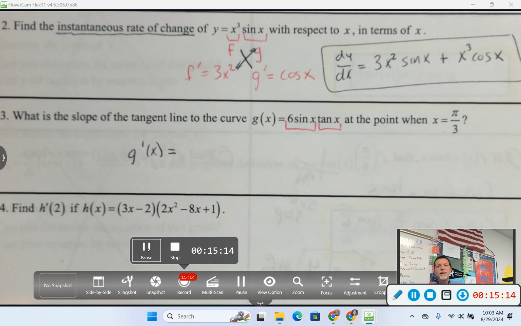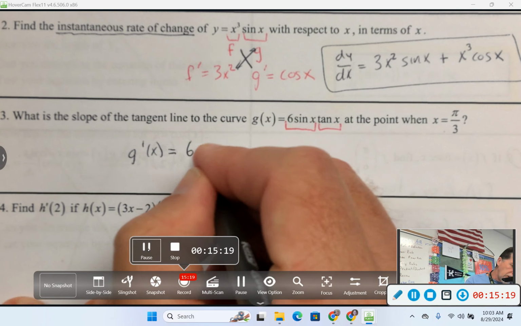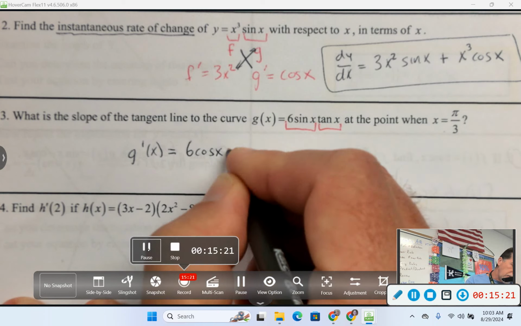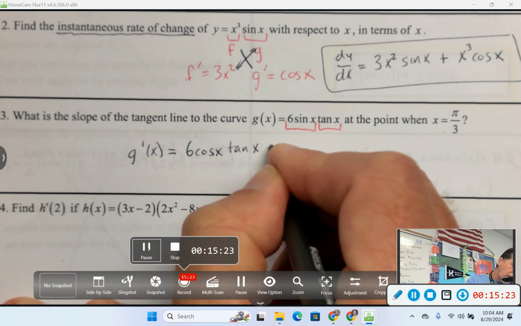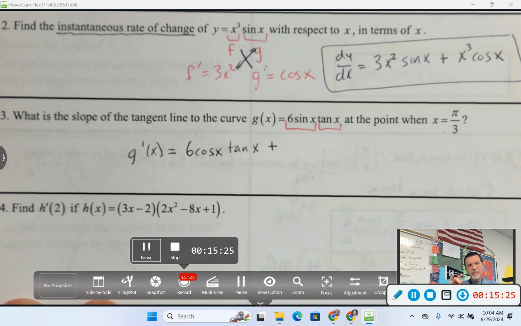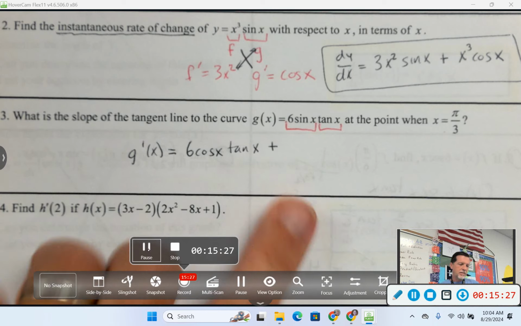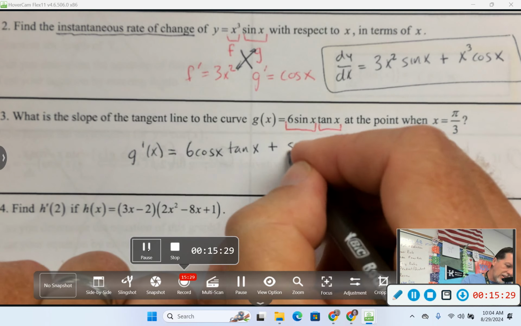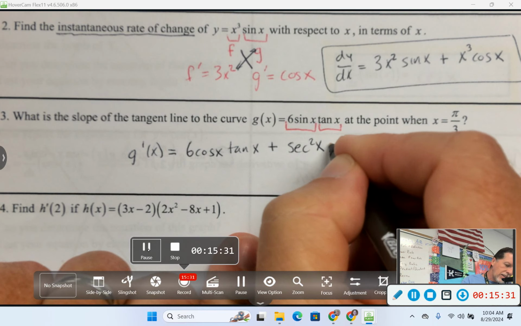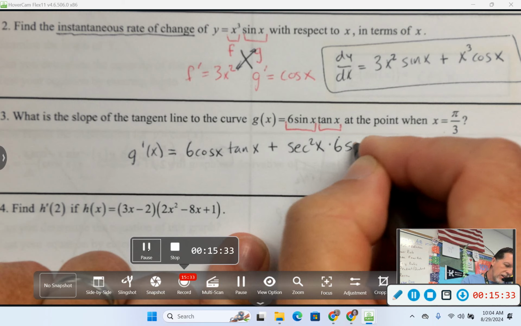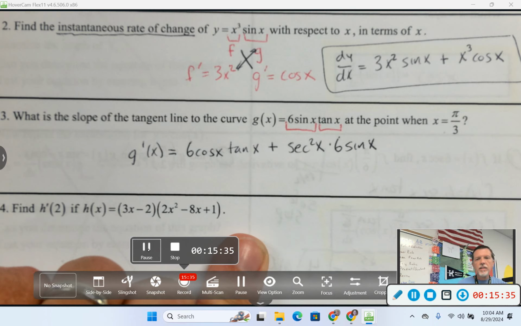I'm going to go back to not writing everything out, because I know it's the derivative of the first times the second plus the other way around. So the derivative of the second is secant squared of x times the first, 6 sine of x.